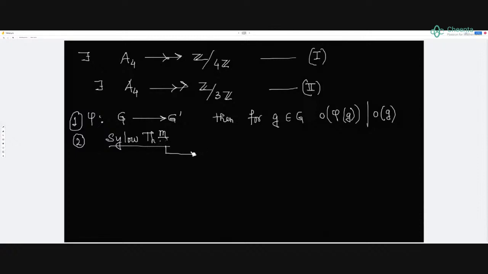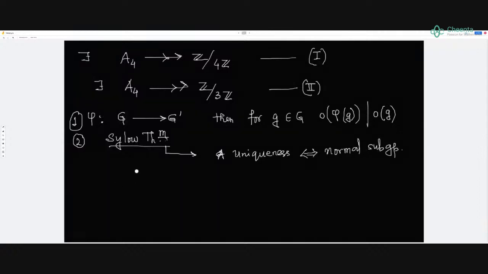That's the Sylow's theorem that we will use, the uniqueness. So this is the statement from Sylow's theorem that we are going to use.